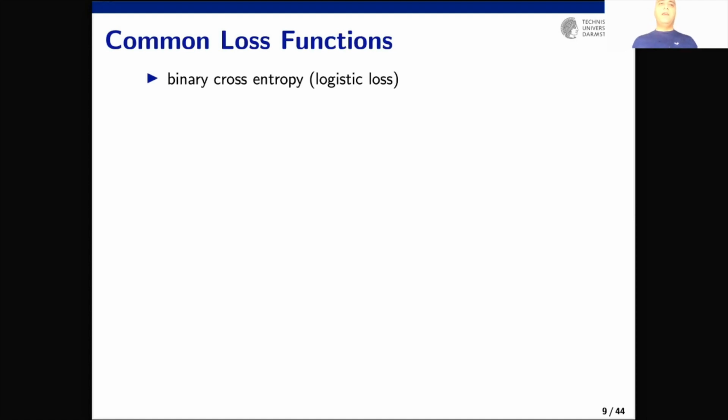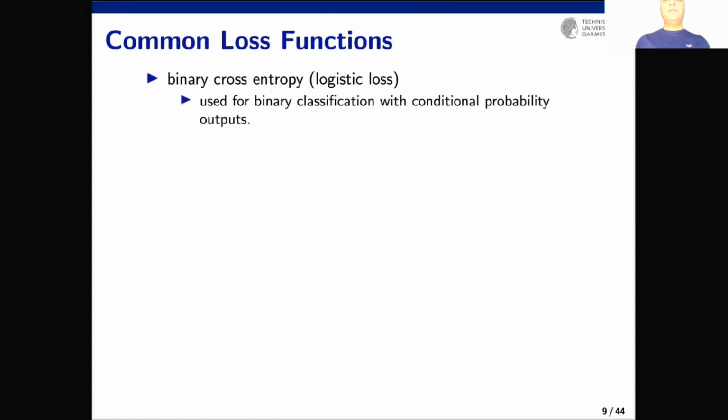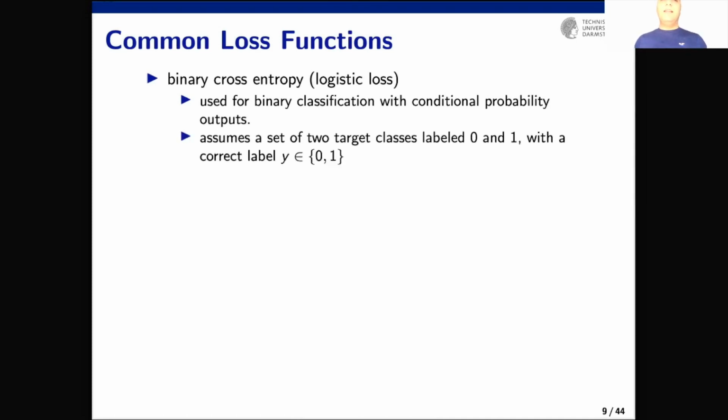Okay. Now we can go to the binary cross entropy loss function, which is very important. It is used for binary classification with conditional probability outputs. Let's say we have a binary classification task where we can map the true labels to numbers 0 and 1.